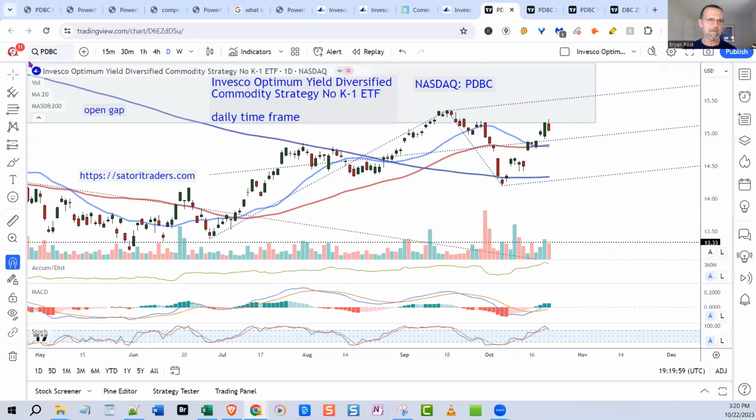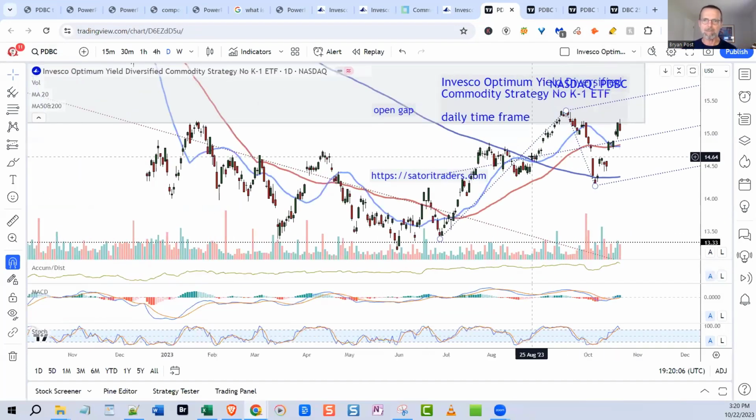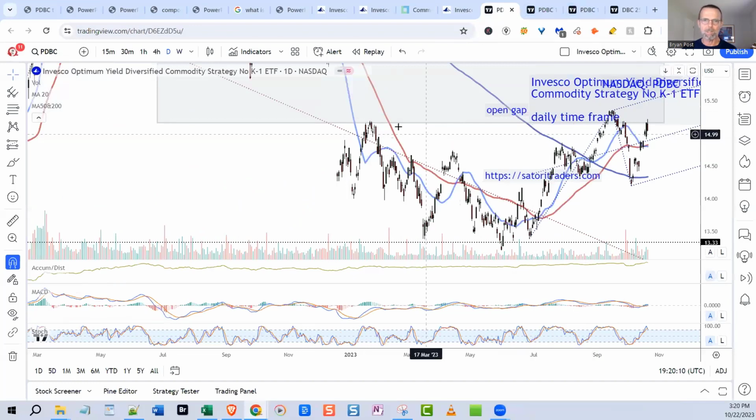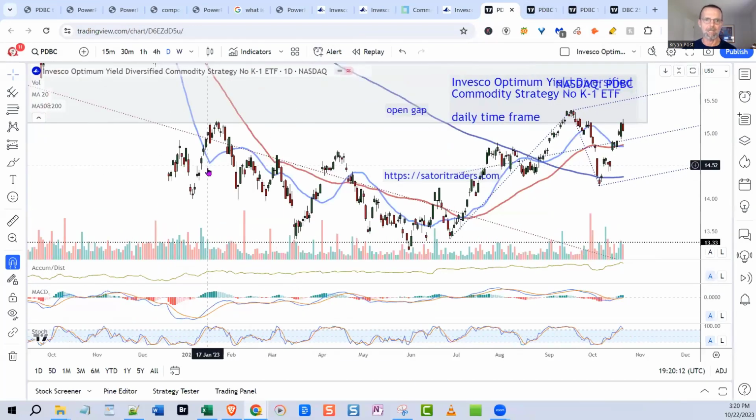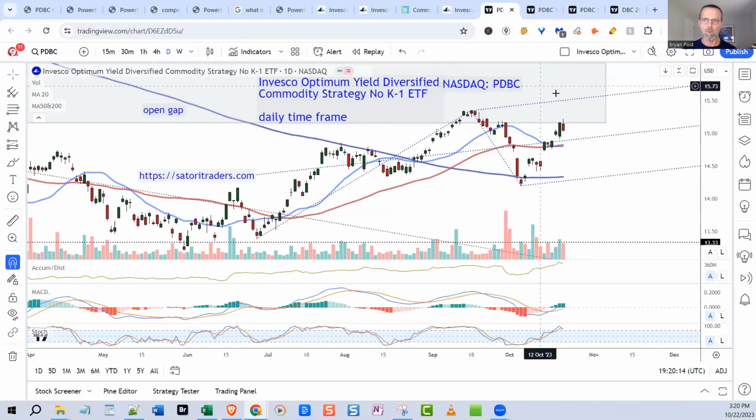This is PDBC daily time frame. We'll see in the weekly and monthly charts there's a big open gap in this vehicle, and that's this gray overhead area here. It's a large open gap. And so we're pushing up into that as a resistance zone, it appears. Notice how price stopped there and now is dealing with it as resistance, or appears to be.